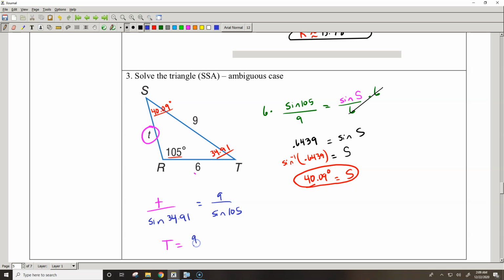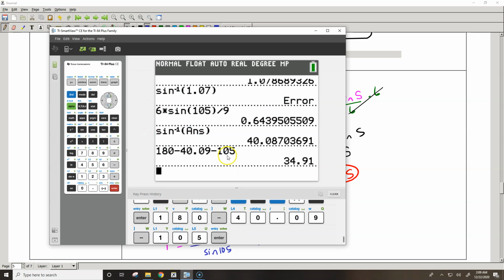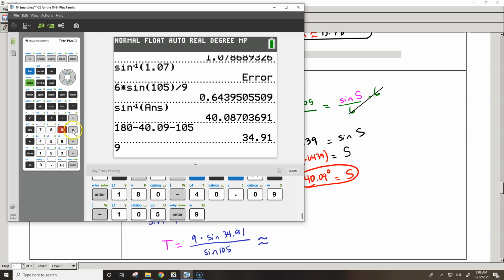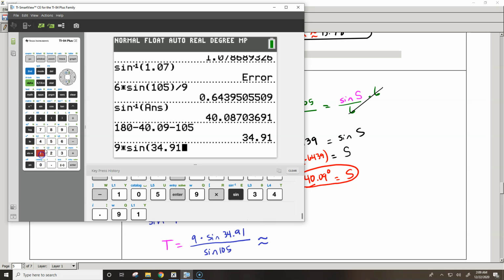So this is going to equal 9 times the sine of 34.91 divided by the sine of 105, which we can now approximate. So we have to solve for T. Bring that up. We're going to have 9 times sine of 34.91, and this is divided by the sine of 105.